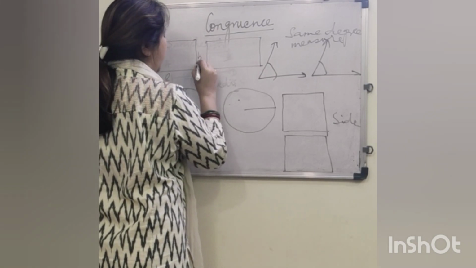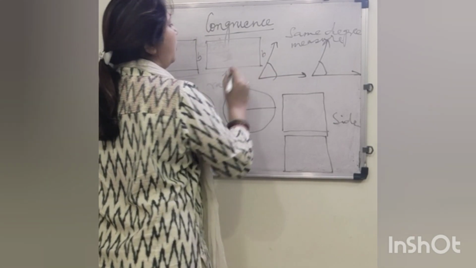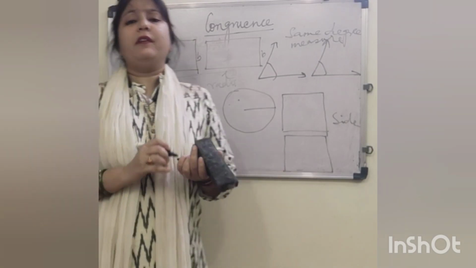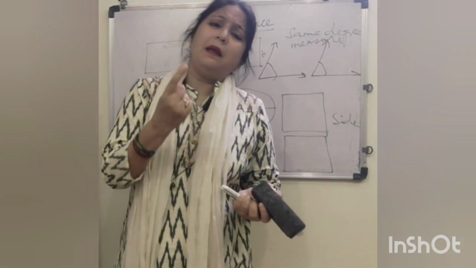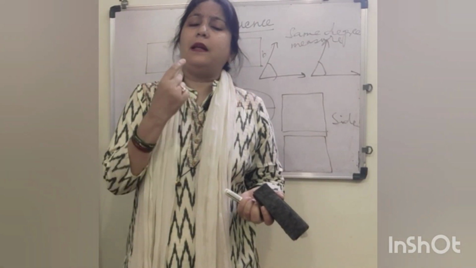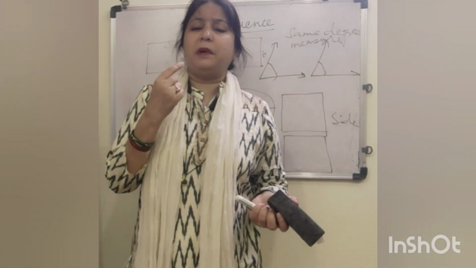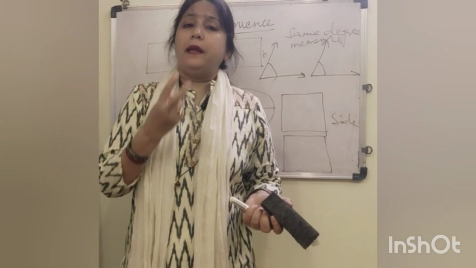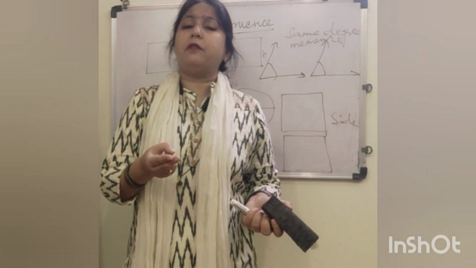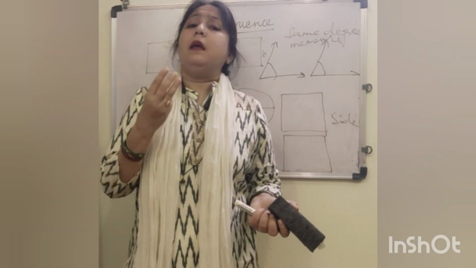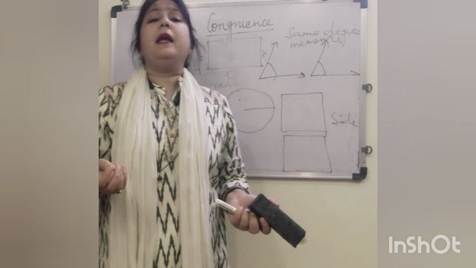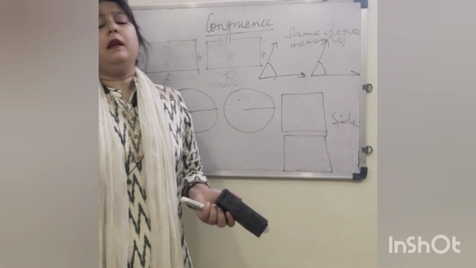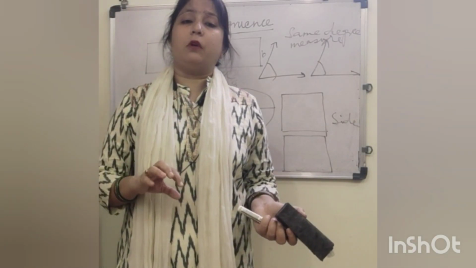So what we have seen for all these 2D shapes is that only one or two dimensions are involved: in a line segment only length, in an angle degree measure, in a square side, in a circle radii, in a rectangle length and breadth.